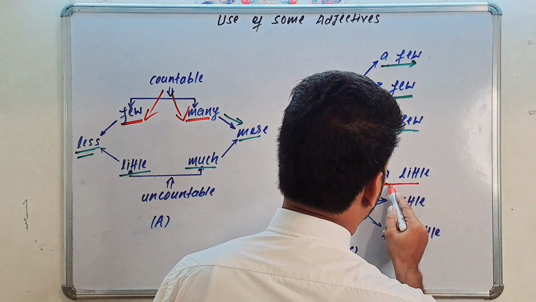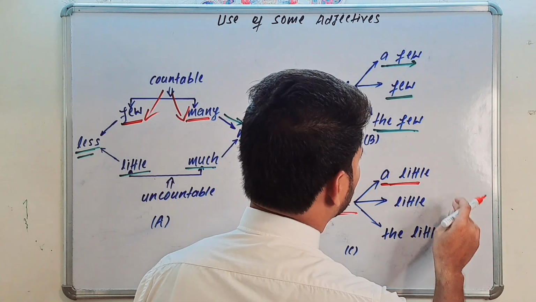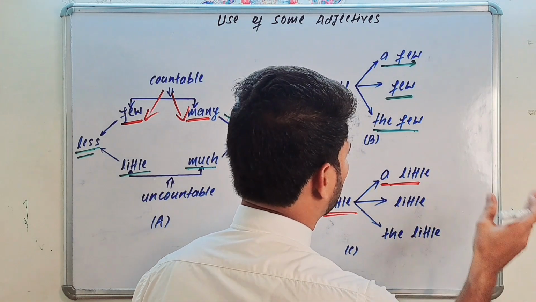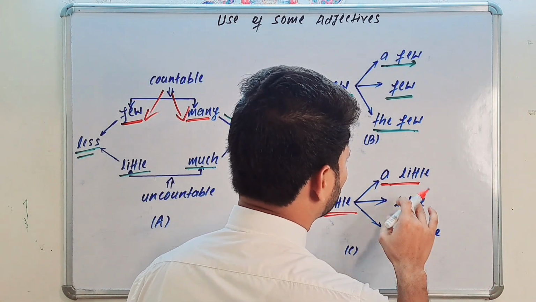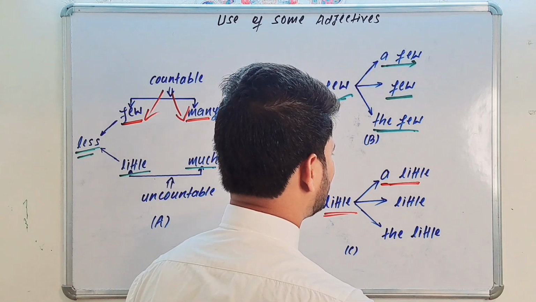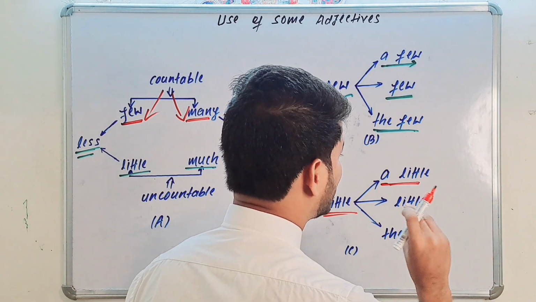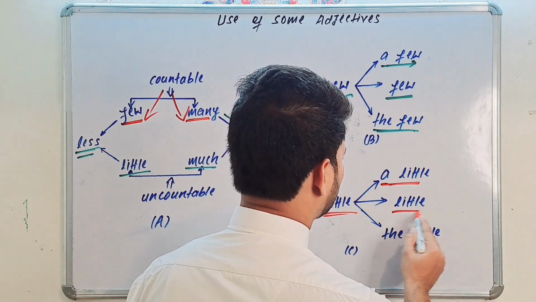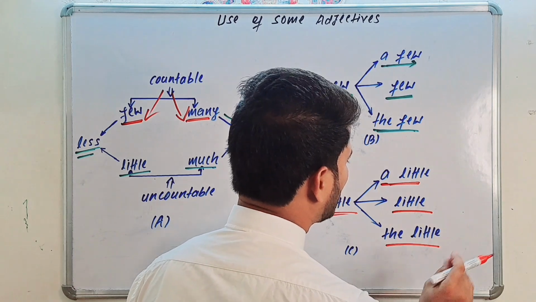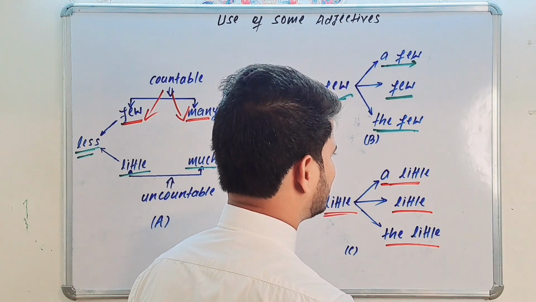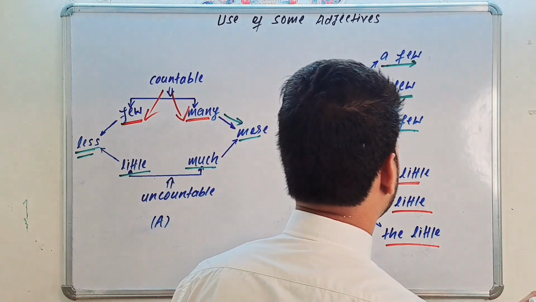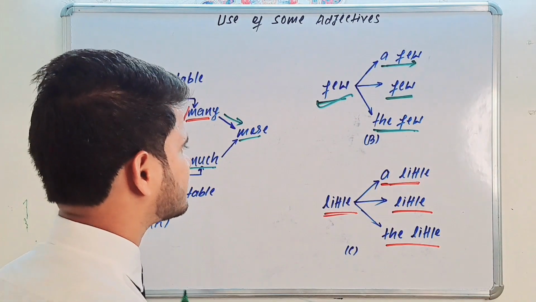Again, see here. A little means less in quantity but equal to something. Little means very less in quantity and equal to nothing. And the little means less in quantity but fixed, and that can be indicated.